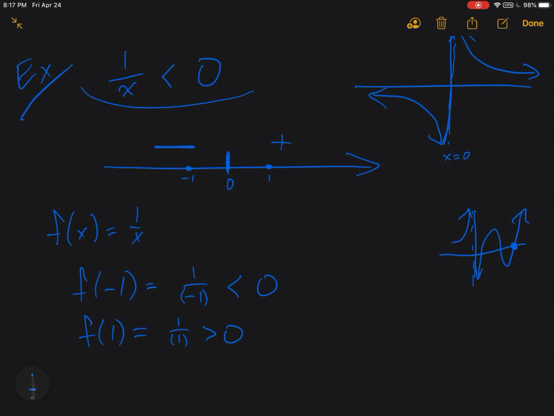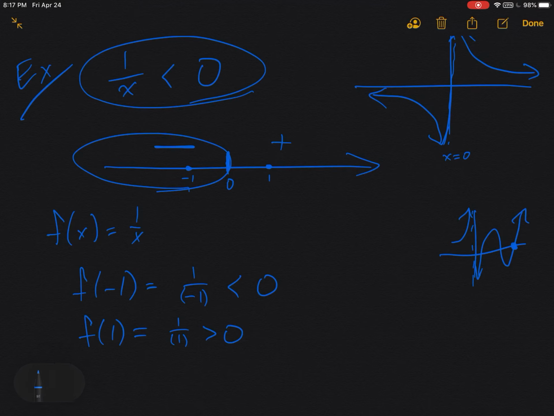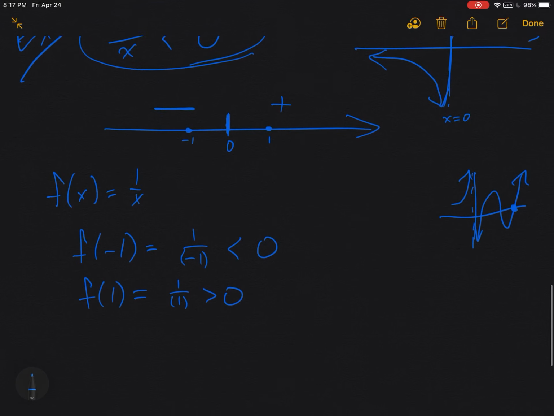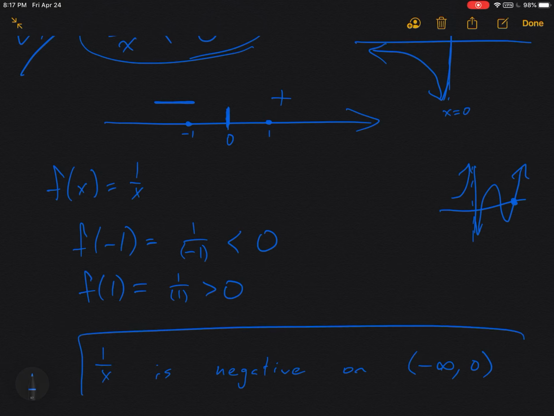And then if we wanted to answer the original question, which was when is 1 over x strictly negative, then we would look at this left region over here and say that 1 over x is negative on the interval from -infinity up to 0. And that would be our answer in this case.